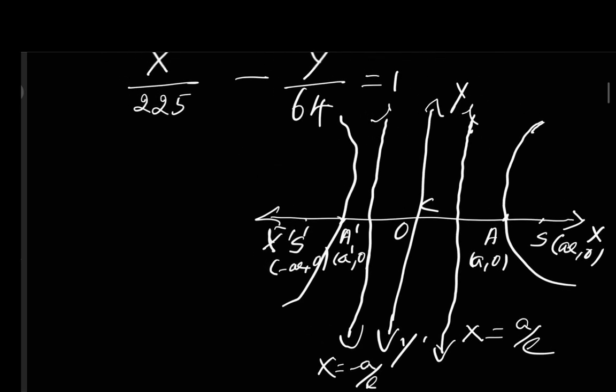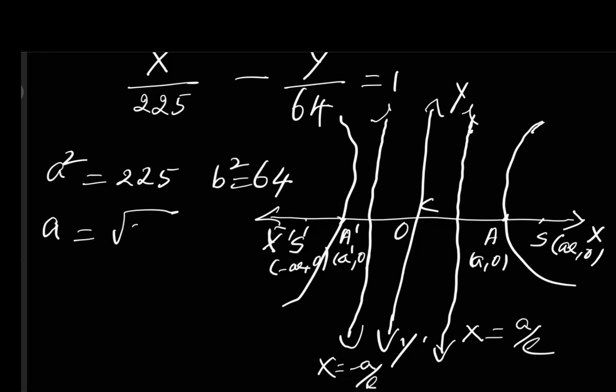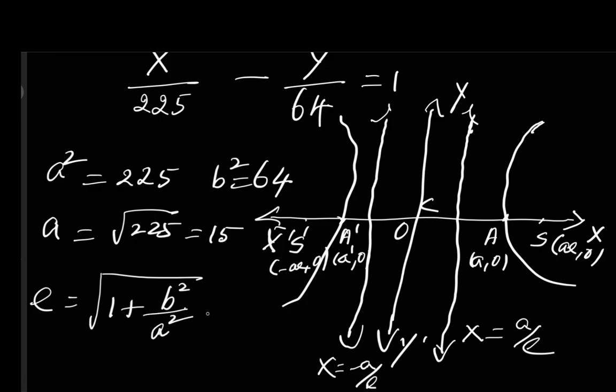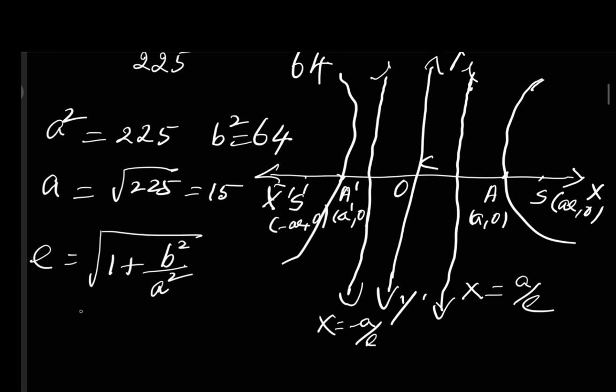So let me start the problem here. Before that, write what a² is: 225, and b² is 64. So a is root of 225, that is 15. What about e? e is equal to root of 1 plus b² by a². There is a small difference here: in the ellipse you have minus, but in the hyperbola you get 1 plus b² by a².